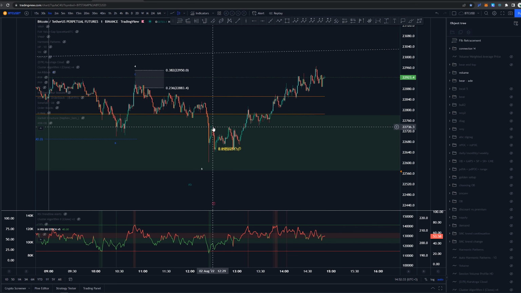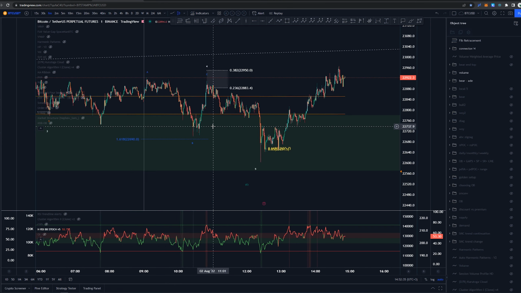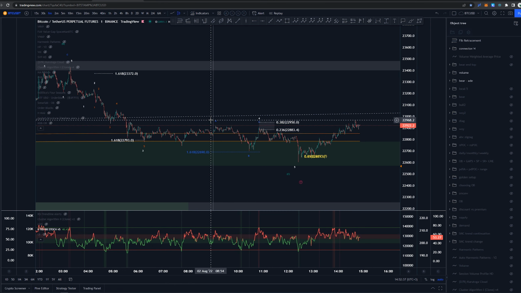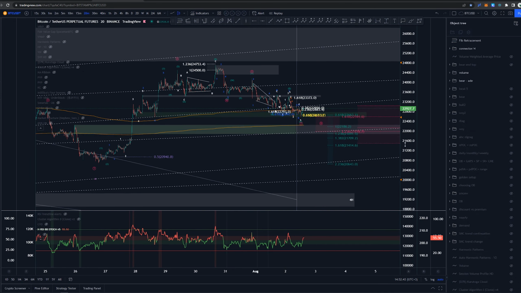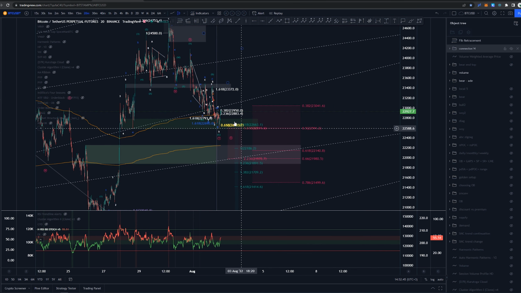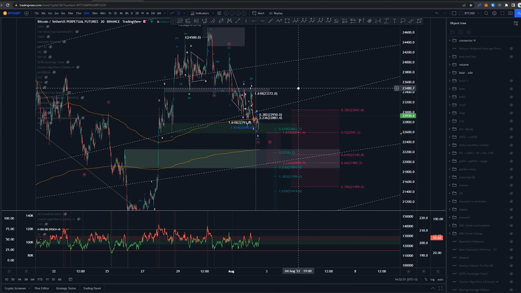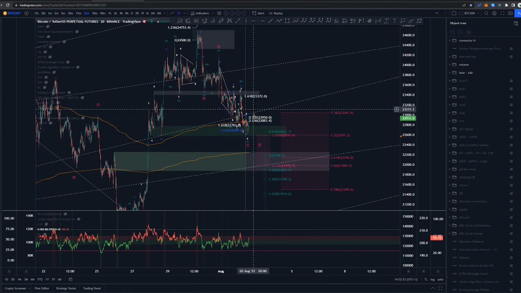And this definitely looked impulsive, and we had everything that I wanted to see here. So we had divergences between the third and fifth and stuff like that. So many different structures here saying that, okay, this is a pretty good area to take a long, and that's what I did. We'll see how it turns out.